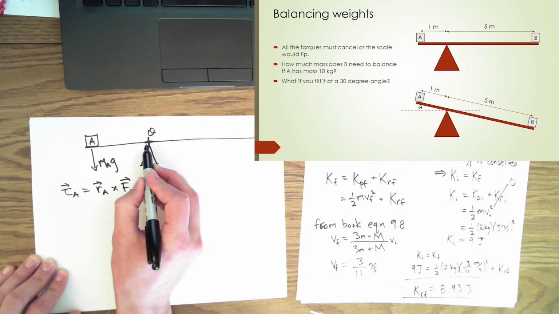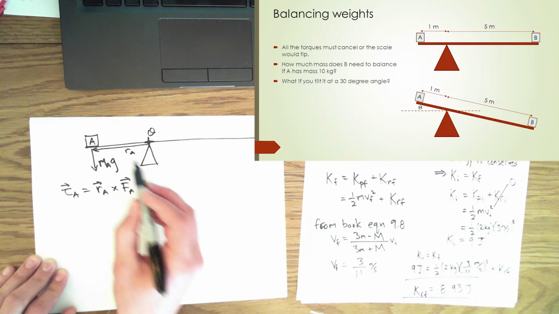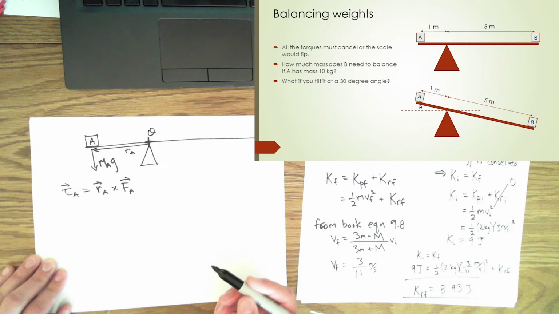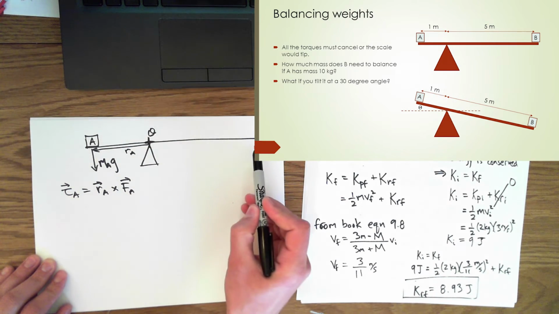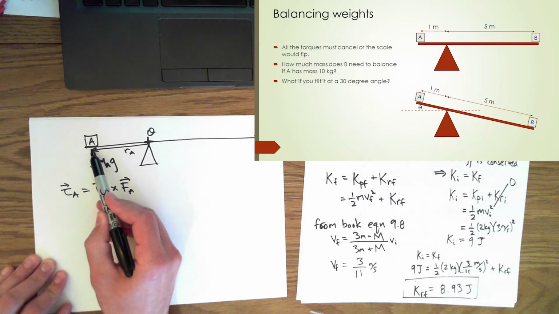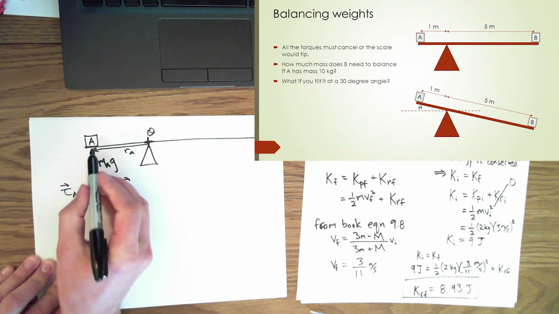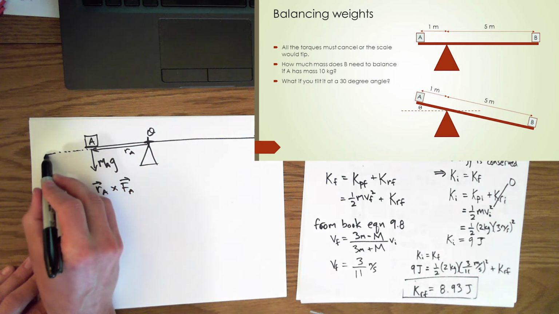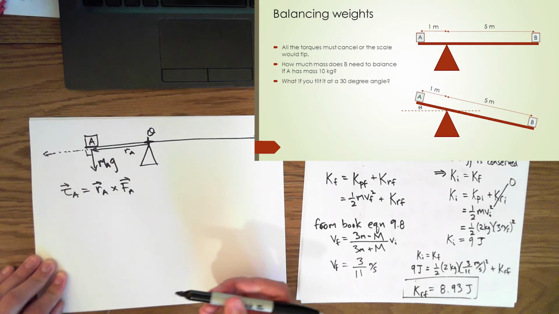And what's r_A? That's the position vector from the origin to block A. And the way it's been drawn here, with this being perfectly horizontal, this vector r_A is again perpendicular to the force vector. That is, if you move this one tail to tail, then the position vector would be here, and that's a right angle between the position vector and the force vector.